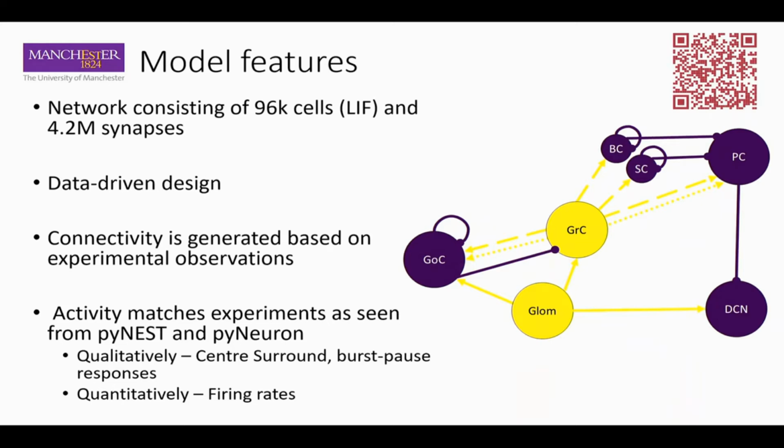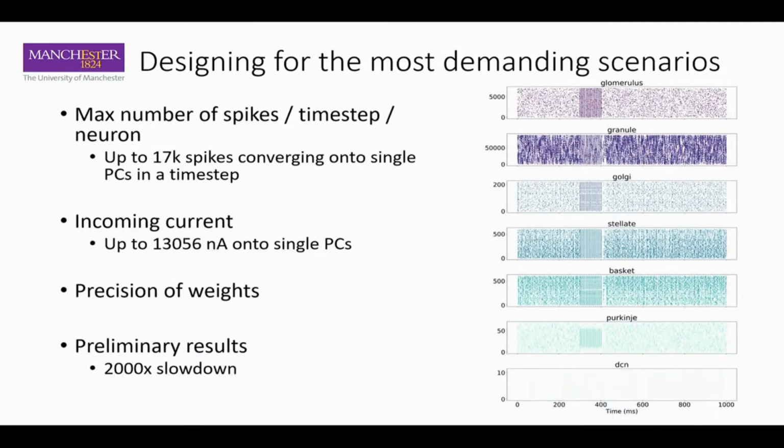Some of the features that we need to design for, as far as we're aware currently, is we need to account for the maximum number of spikes in a time step if we want to have this particular cerebellum model running in real time on SpiNNaker, which would mean individual Purkinje cells, for example, or individual cores simulating the Purkinje cells, I should say, being able to deal with about 17,000 spikes in one time step.